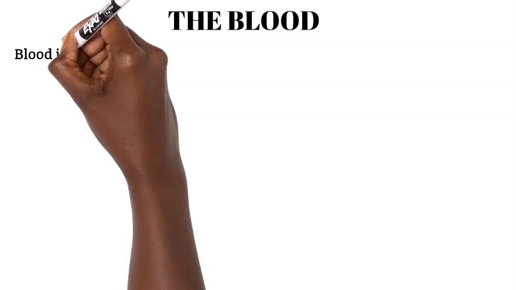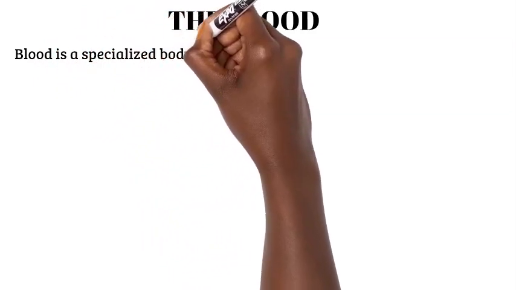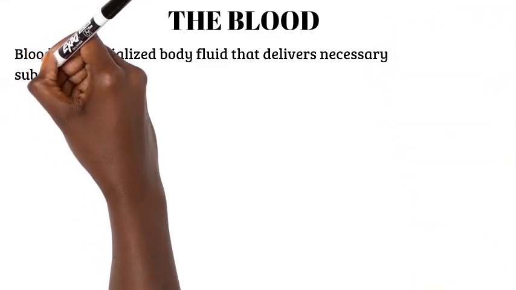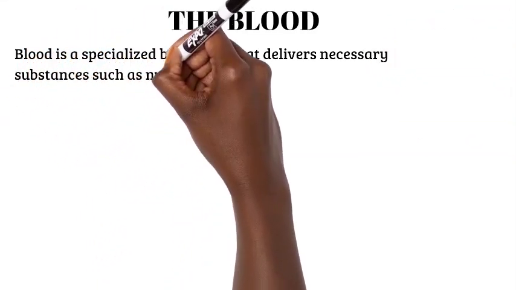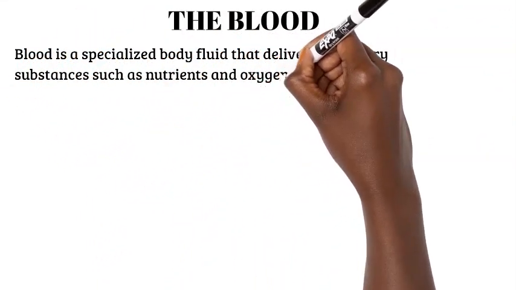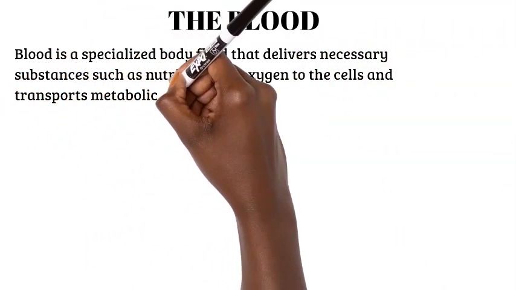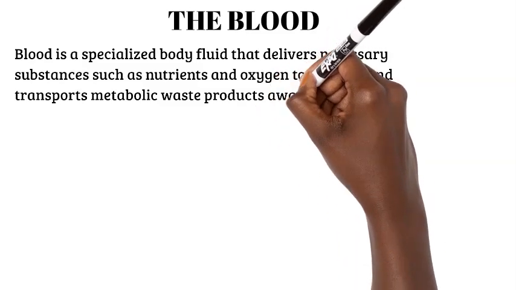Now, the blood. Blood is a specialized body fluid that delivers necessary substances such as nutrients and oxygen to the cells and transports metabolic waste products away from those same cells.